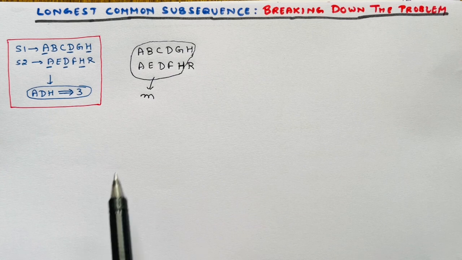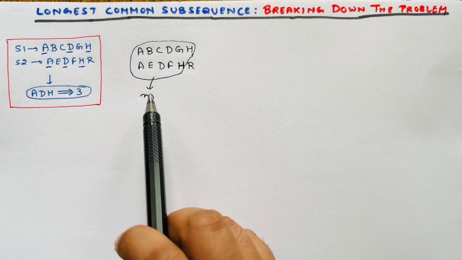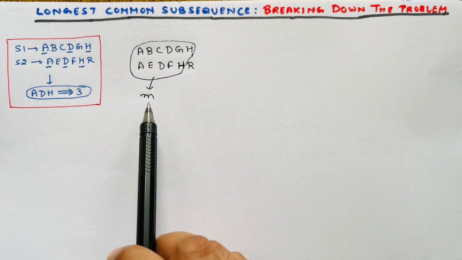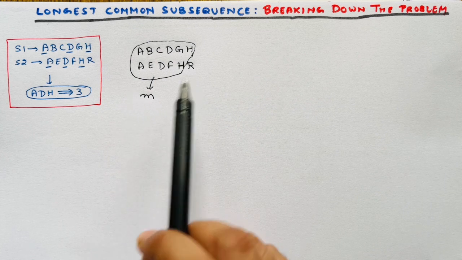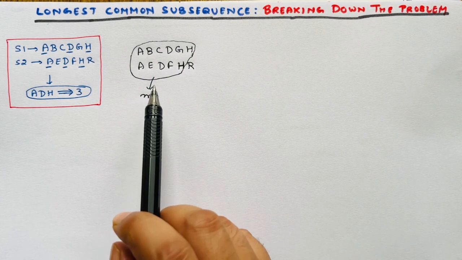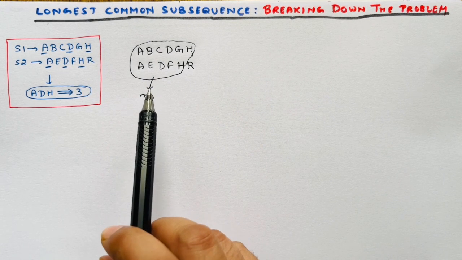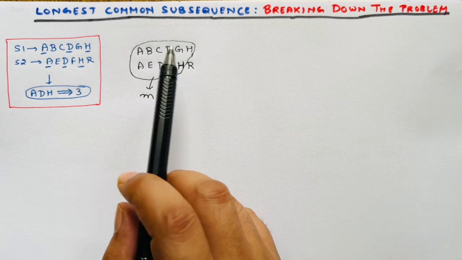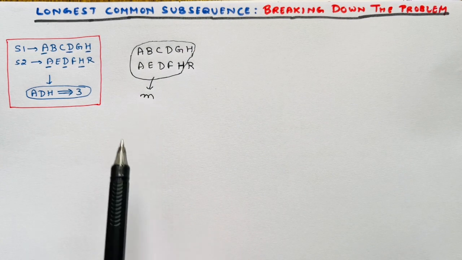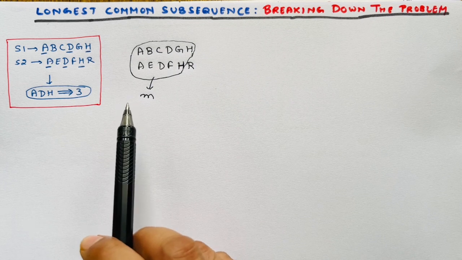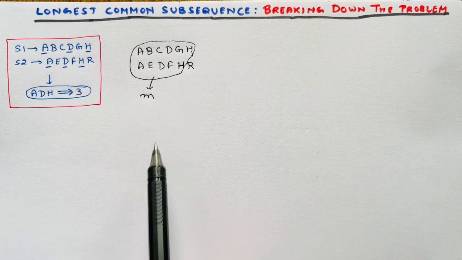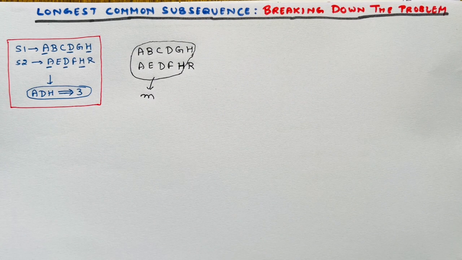Now, if somebody tells me answer to this problem, can I use this answer to get the answer to my bigger problem? Let's say somebody tells me that the length of the longest common subsequence between these two strings is m, then what will be the answer to my bigger problem? It will also be m.